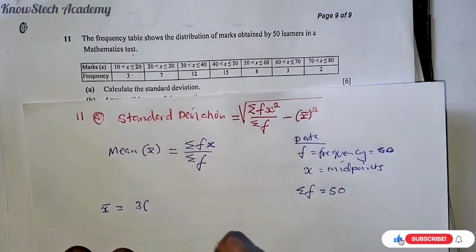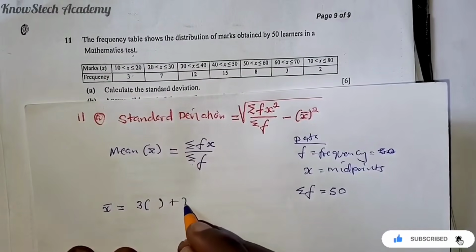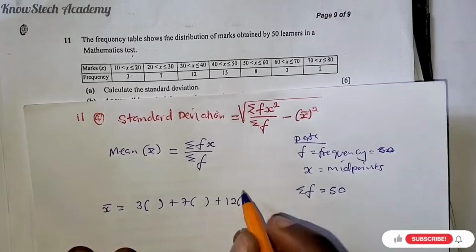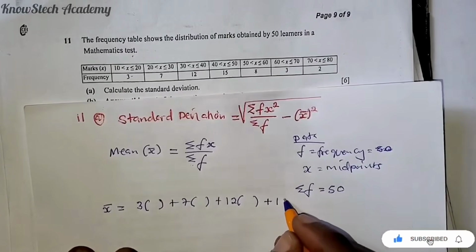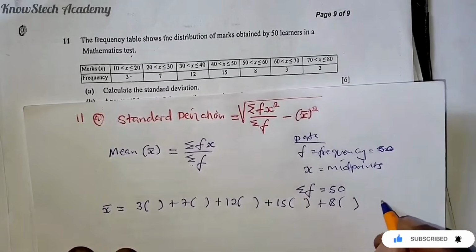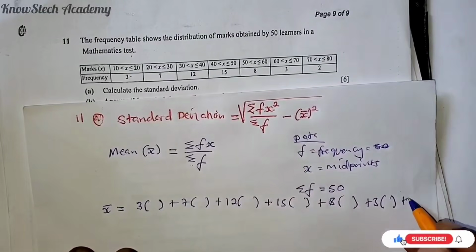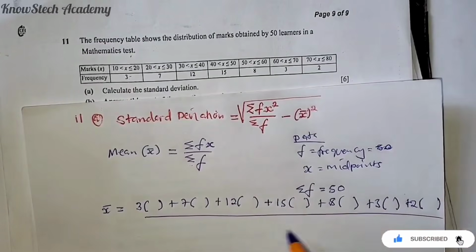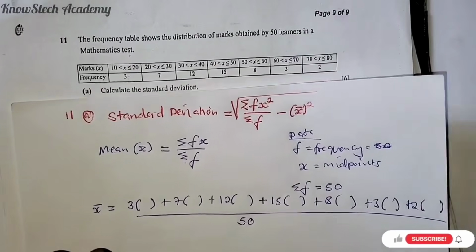First, write all the frequencies: 3 multiplied by open bracket, plus 7 multiplied by open bracket close, plus 12 multiplied by the midpoint, which we will substitute later on, plus 15 multiplied by open close bracket, plus 8 open close, plus 3 open bracket close, plus 2 open bracket close bracket, divided by the total frequency, which is 50.